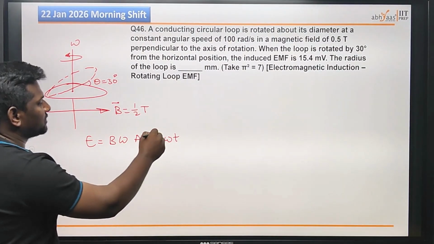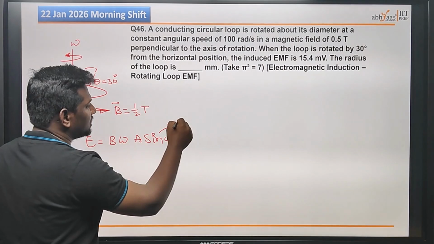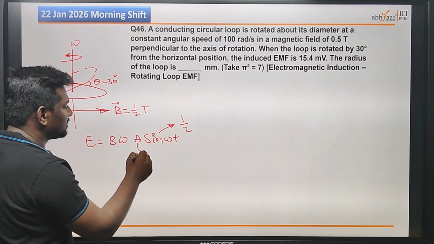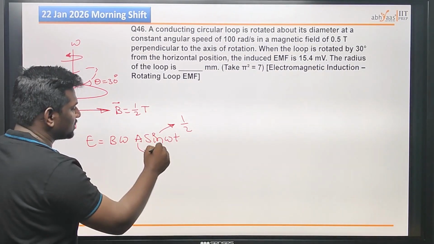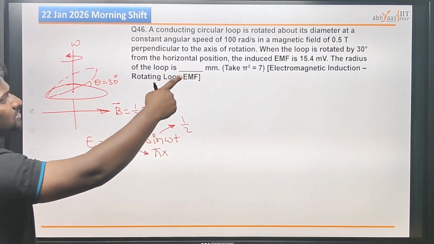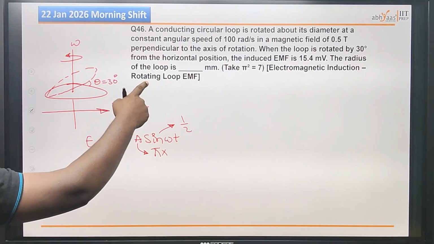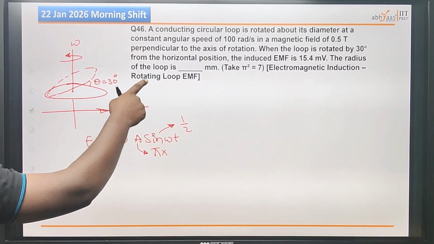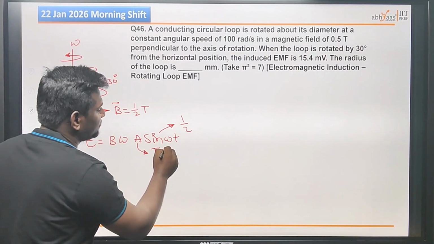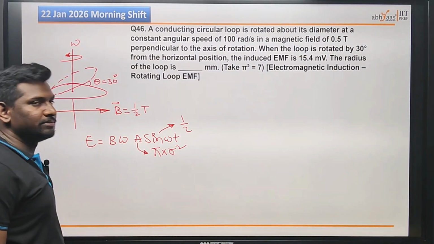So we know that sin 30 is nothing but simply 1/2. What is the A? A is nothing but area, pi r square. Constant field. So you have to find the r. So that is the question query.